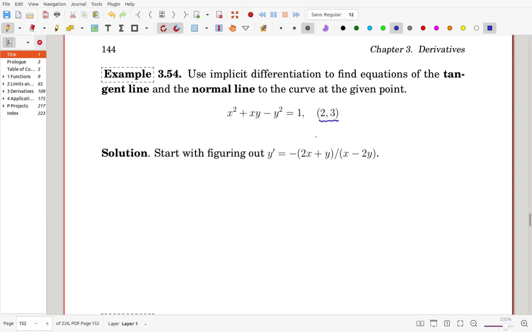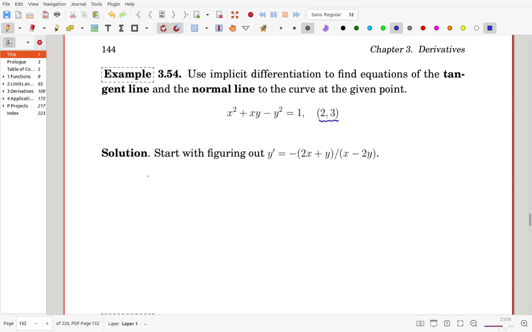Then we can find an equation of the tangent line, and the normal line will have a slope such that the multiplication with the slope of the tangent line is -1, so that we can find the tangent line and the normal line. Here we have to find y prime, and we have to evaluate it at x equal to 2, y equal to 3.